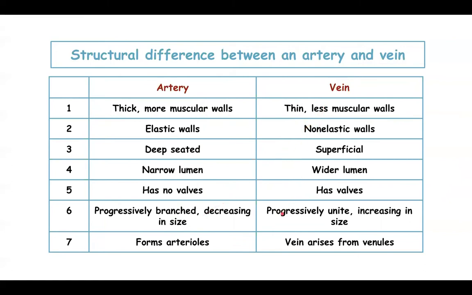The vein progressively unites and ultimately increases in size. The artery forms arterioles and the vein arises from venules. So these are the structural differences between the artery and a vein.